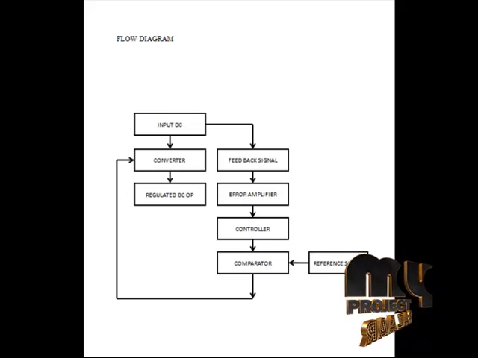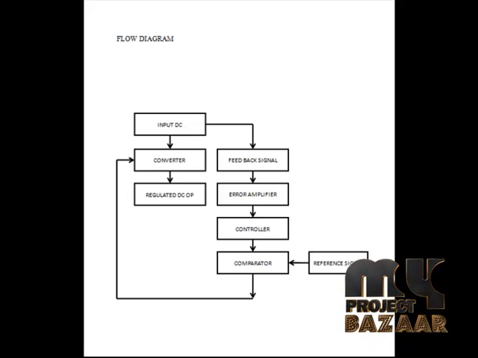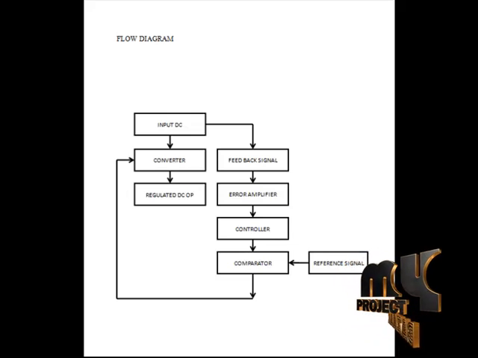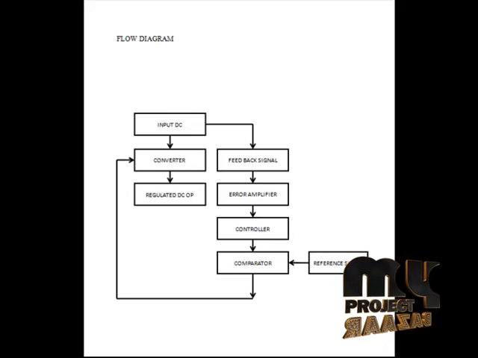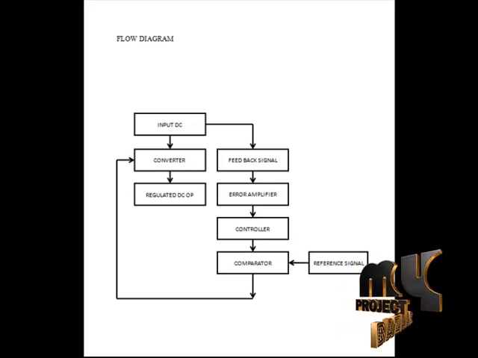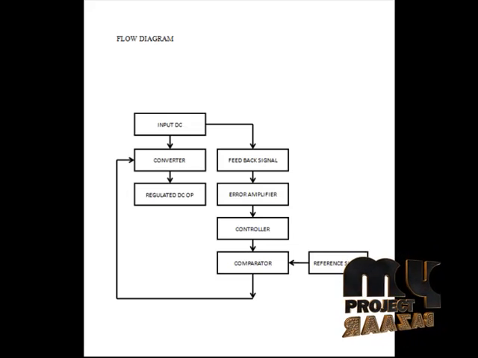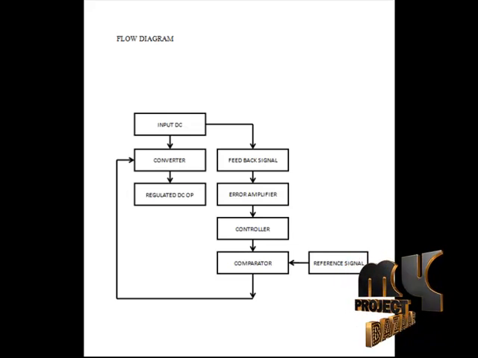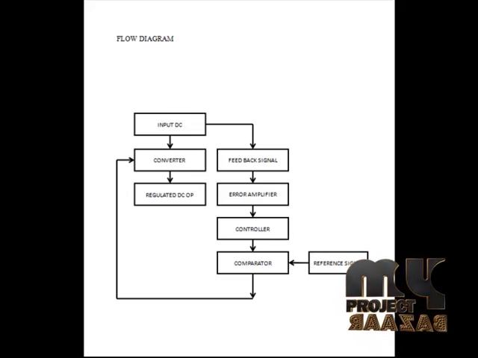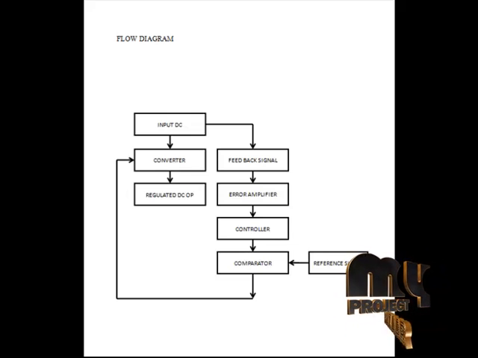In the first stage of our flow, we give the input as unregulated DC supply to our converter stage. Here it gets the controlled DC output at the load by using the feedback loop. From the feedback loop, it gets the controlled pulse generator to activate the switching devices in the converter circuit.